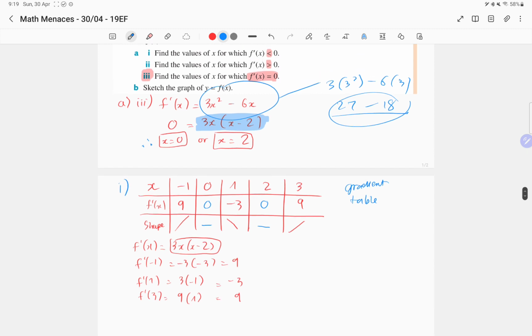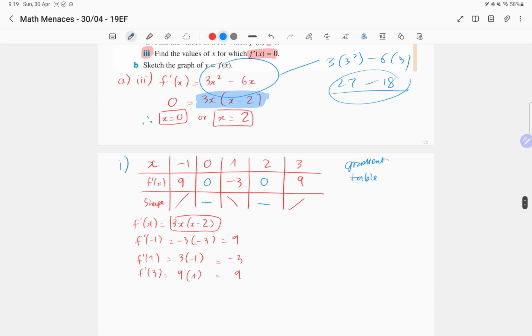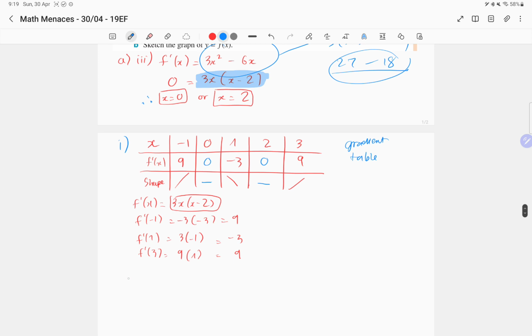So when is the derivative less than 0? When it's between 0 and 2. Yeah, that's right. You think it's between 0 and 2 because it's going down between 0 and 2. Once you've got the table, it's essentially just reading out the answer.